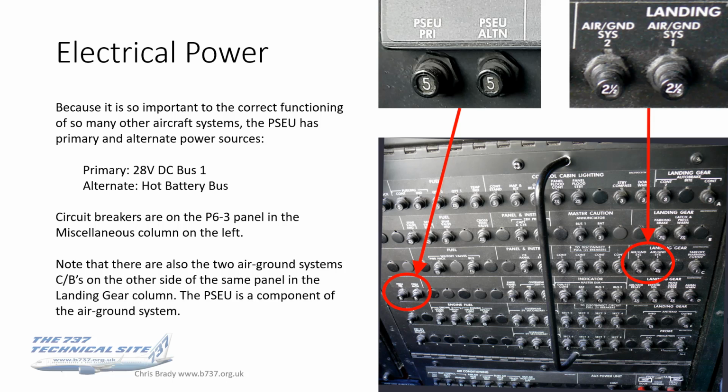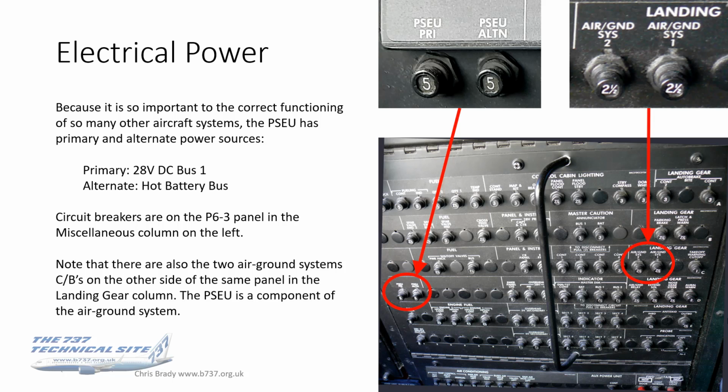Now, because the PSEU is so important to the correct functioning of so many other systems, I mean, its reach goes far and wide throughout the aircraft, it's got both a primary and an alternate power source, and that alternate power source, if you look at it, is the hot battery bus. So if you're down to just battery power, then Boeing has deemed the PSEU to be so important they want to keep that alive for you.